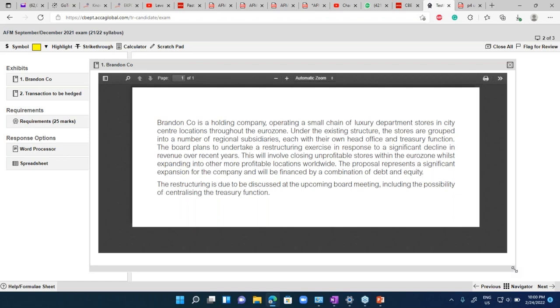The board plans to undertake a restructuring exercise in response to a significant decline in revenue over recent years.